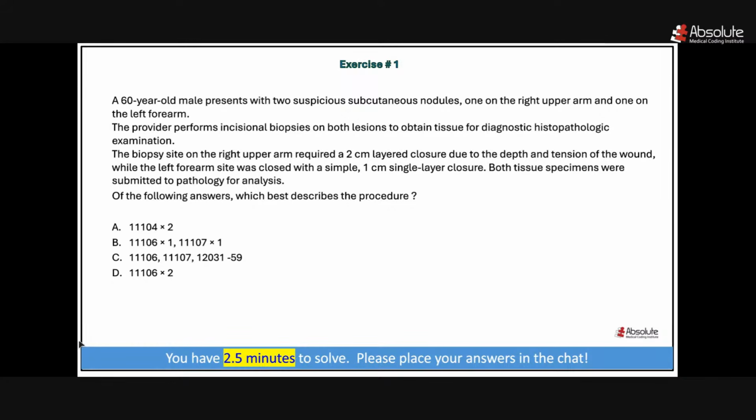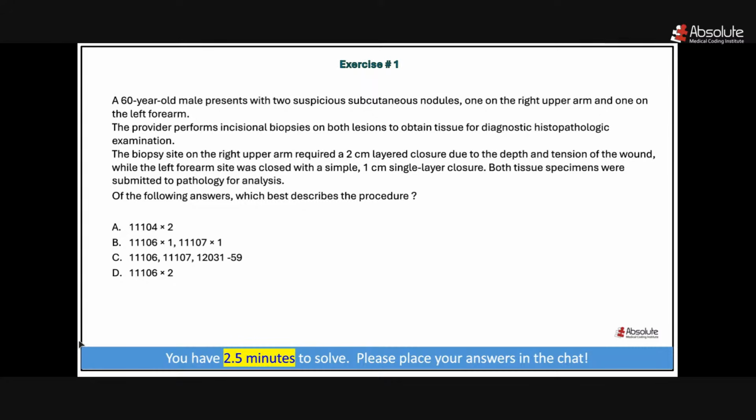11106 times 2. A 60-year-old male presents with two suspicious subcutaneous nodules, one on the right upper arm and one on the left forearm. The provider performs incisional biopsies on both lesions to obtain tissue for diagnostic histopathologic examination.